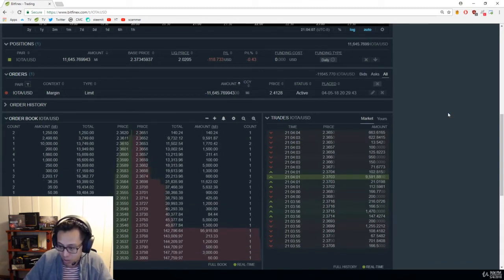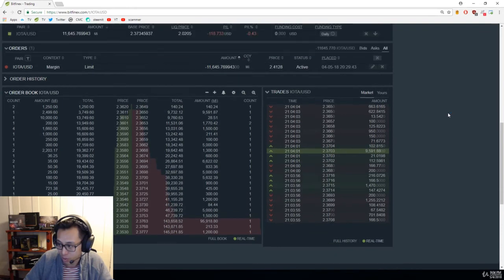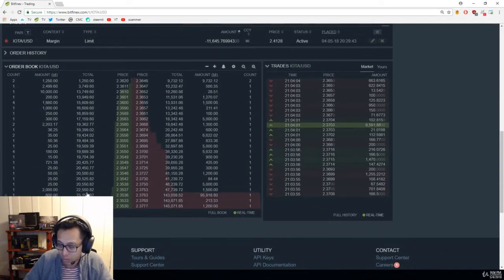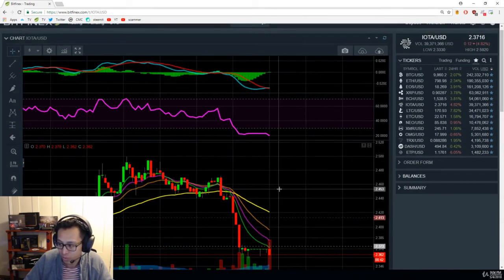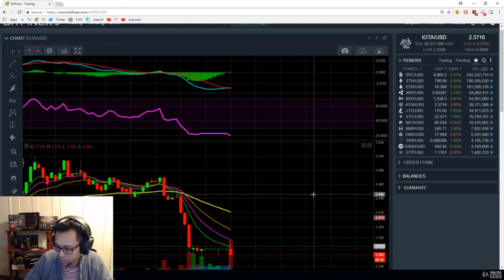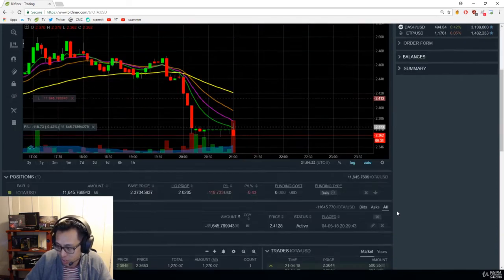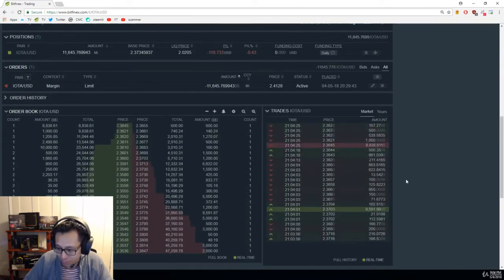So as you guys saw, what happened to the level 2 order book there, a lot of people were trying to smash through that $2.37 range, but nothing really changed too much. The price actually ended up going down instead of upwards, which is kind of crazy when you think about it, right? So yeah, sometimes that's what happens.